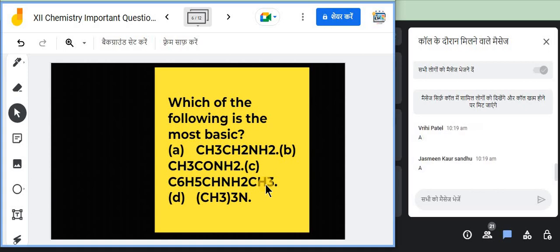But if 1 degree, 2 degree, 3 degree amines are in the gaseous phase, then what is your answer? Earlier I had written aqueous phase. In the gas phase it will be 3 degree. Now my next question is, why 3 degree in gas phase? Because in the gas phase the solvation factor is not there.